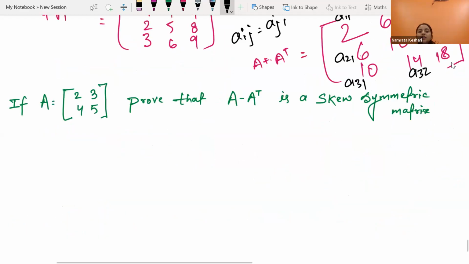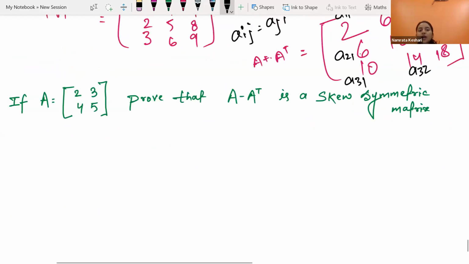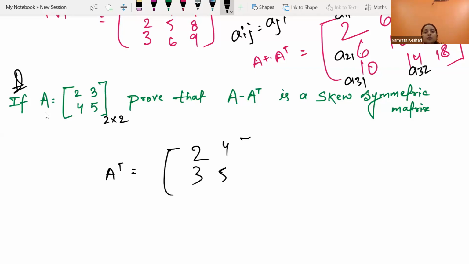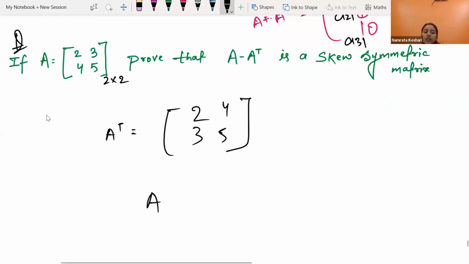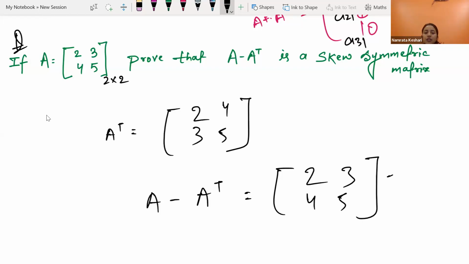Similarly, A minus A transpose, you take any square matrix. In the next example, we have just a random square matrix, 2, 3, 4, 5. If we find A minus A transpose, A transpose will be 2, 4, 3, 5.